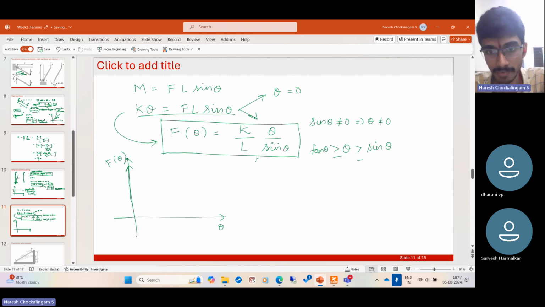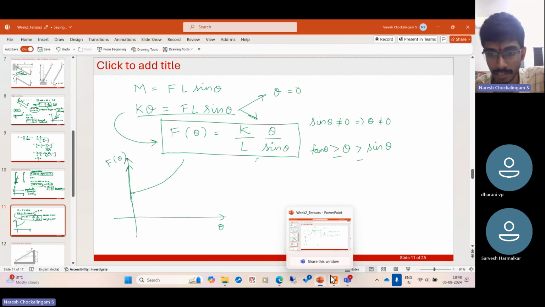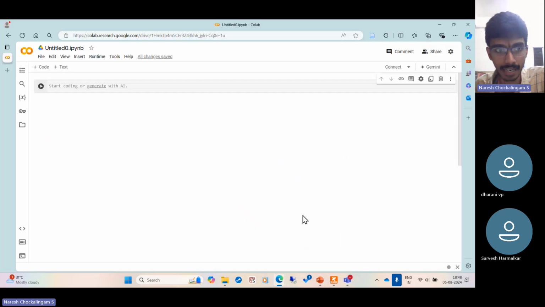So this value, theta by sine theta, is going to increase faster than theta. So at theta equal to 0, you can have k by L. From there, you have the other solution, which is taking off like this.